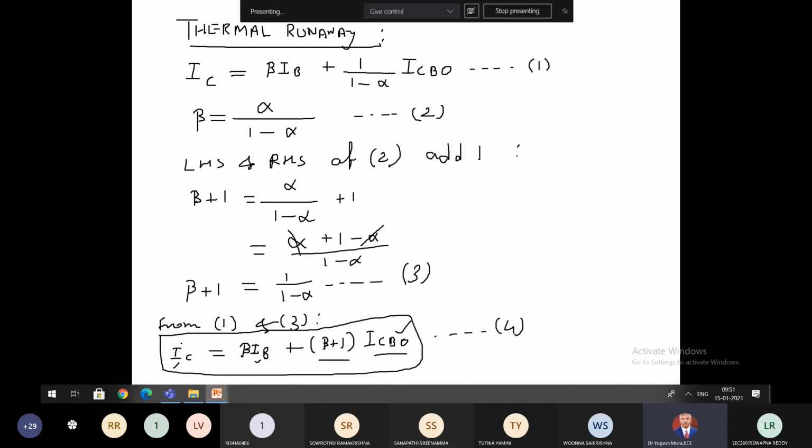But beta may change between two same transistors. Beta will not be exactly the same, because we cannot control the exact number of atoms in a transistor. How much doping we are doing in a transistor, you cannot say.